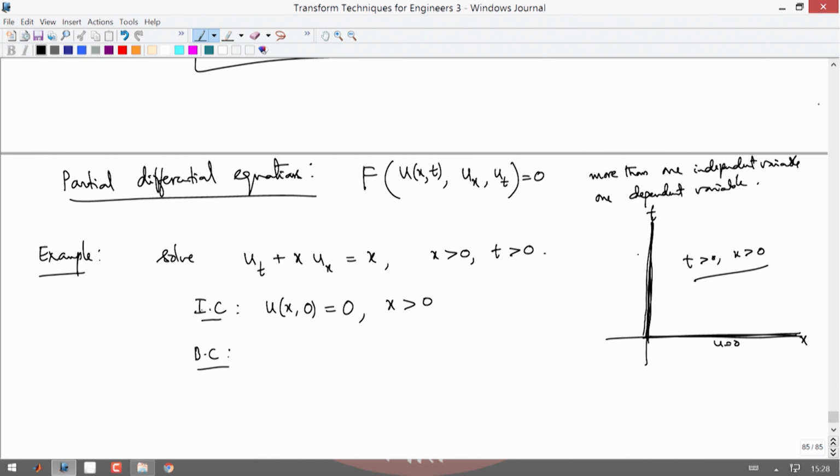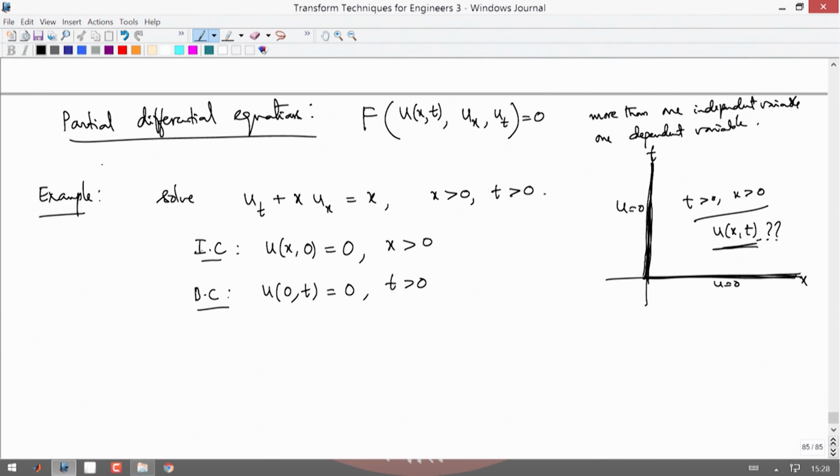On this line you have the boundary condition u at x equal to 0 for all times t, that is also let us give it 0, t positive. So, here also you have u equal to 0 here and here. So, you want to find u of x, t here. So, that is solving for u that satisfies this differential equation, satisfying this initial condition and this boundary condition.